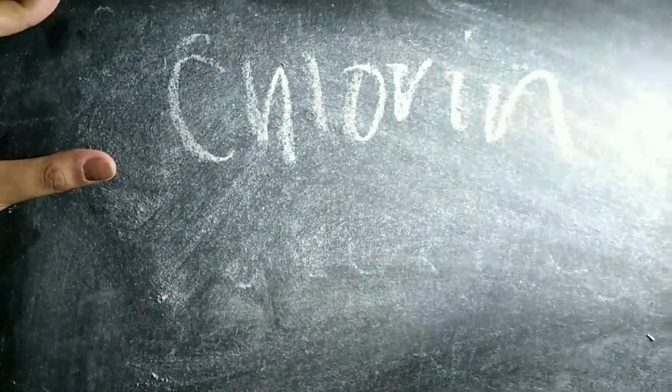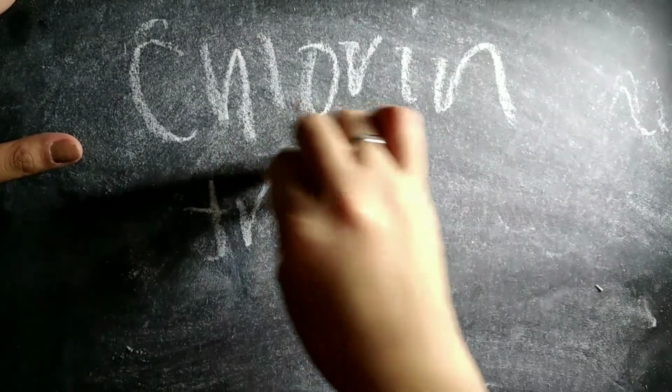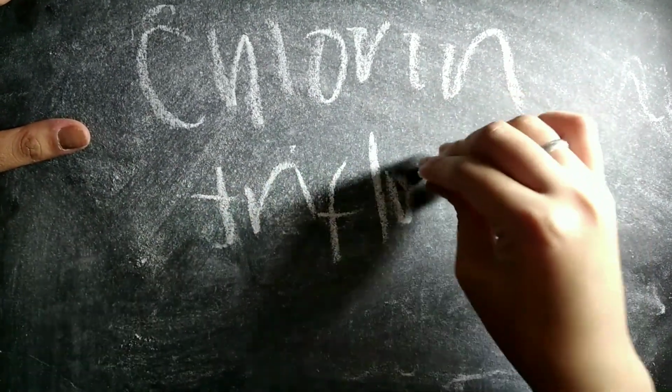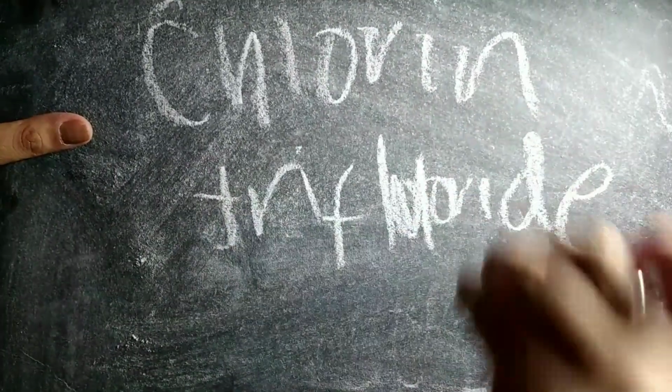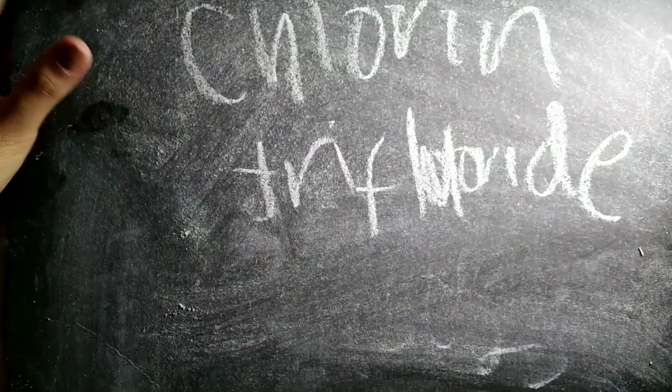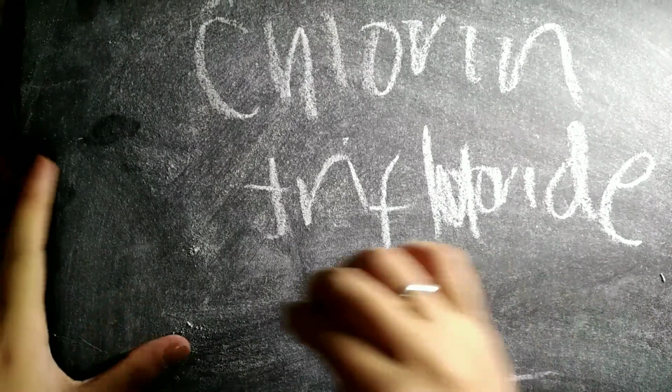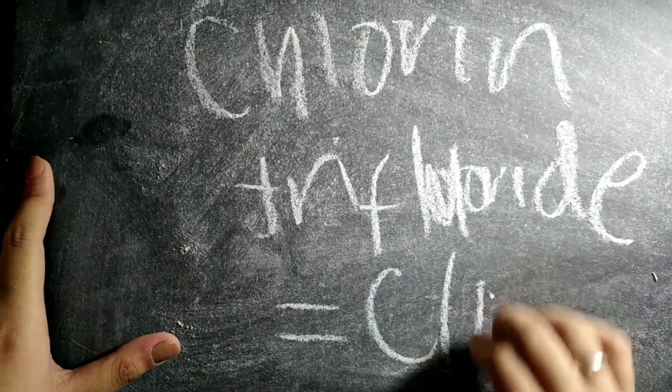So the 9th example is chlorine trifluoride. The covalent formula is ClF3.